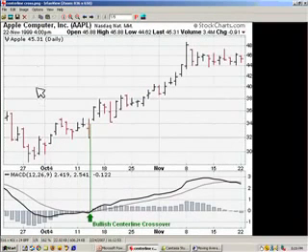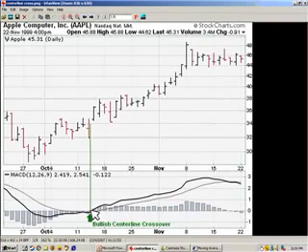This chart shows a good example of the bullish center line crossover. This is where the MACD line is below the center line, also known as the zero line, and as it crosses over, it goes into what we would consider bullish territory.